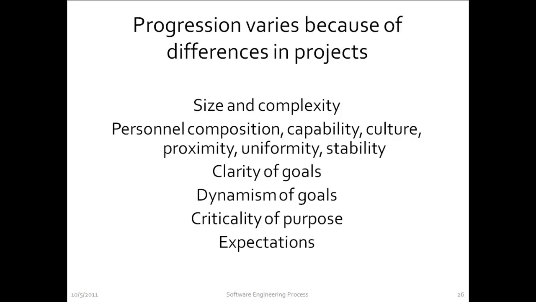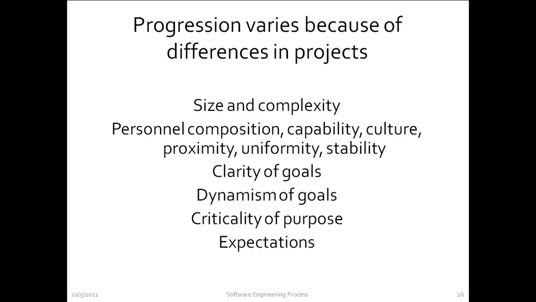Then there are personnel issues: size of the team, composition of the team, culture of the team, proximity of the team, which is how co-located the team is, the uniformity of the team, which is how uniform in terms of skills the team is, and the stability of the team. In other words, what the turnover is in the team. Are people coming and going, or is the team pretty much constant in terms of people throughout the lifetime of the project?